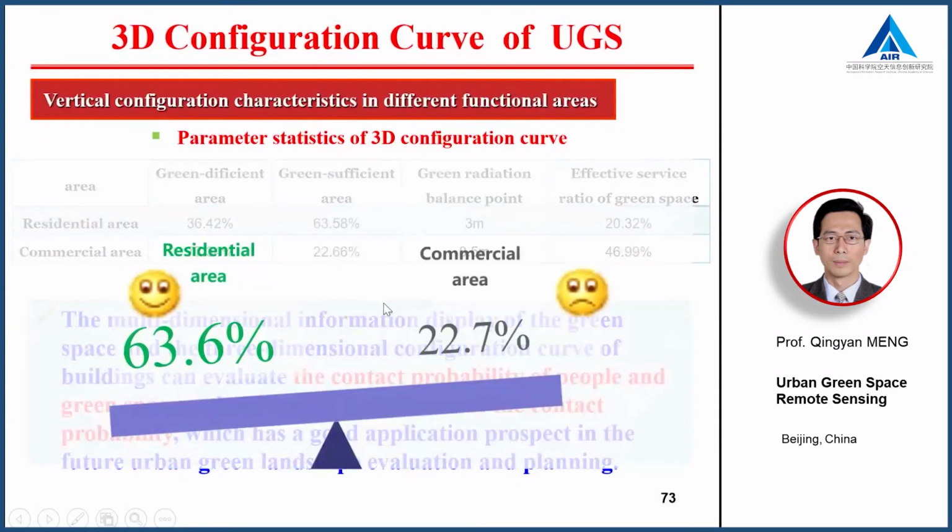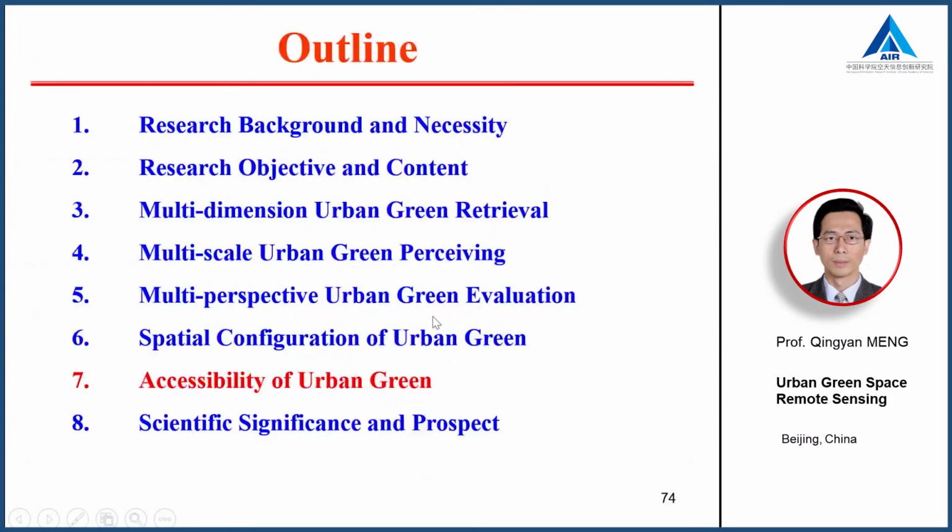Yes, this is the result. Then we use several minutes to introduce to you the accessibility of the urban green space, from retrieval to perceiving to evaluation to planning or configuration.